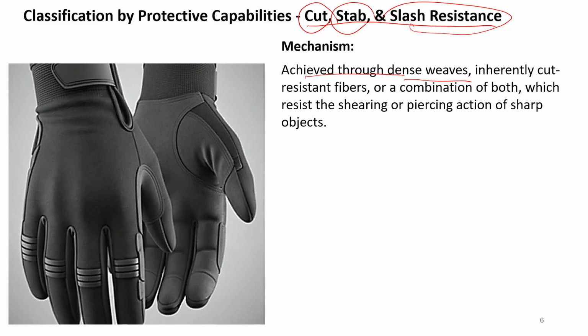The basic requirement is that we have to get a fabric which is dense and made of inherently cut resistant fiber. It should not be a fiber which cuts easily like cotton; we cannot use that, but if at all we try to use it, as we used to in earlier days, a dense weave has to be there, so that the sharp object does not touch our skin.